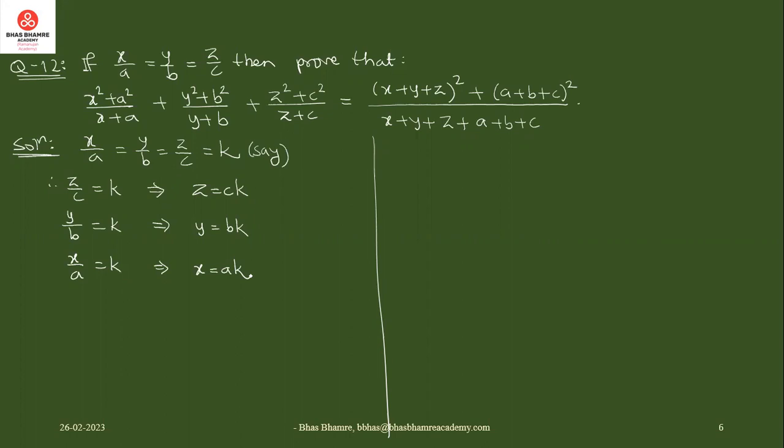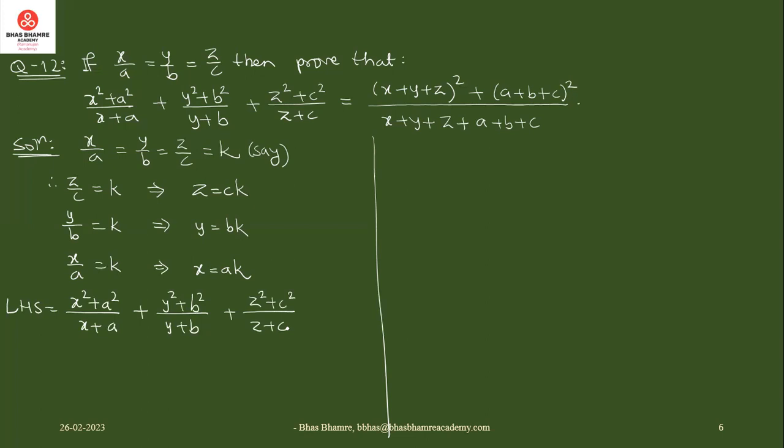Now we take LHS. x square plus a square upon x plus a, plus y square plus b square upon y plus b, plus z square plus c square upon z plus c.